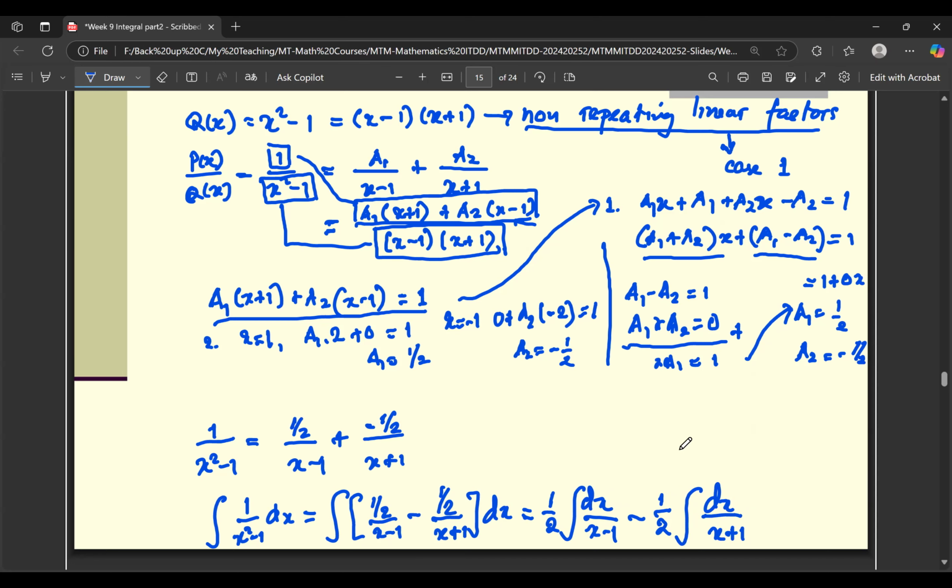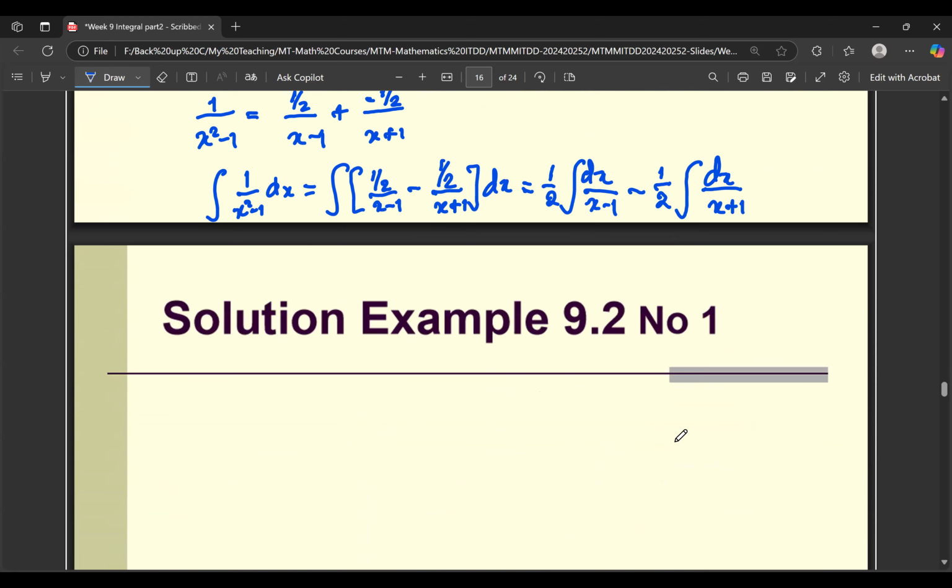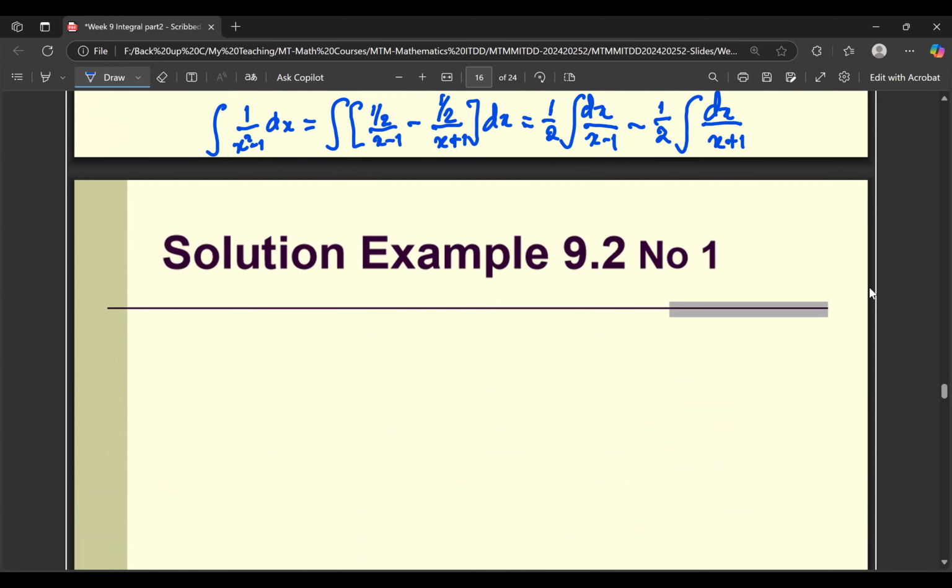So we can continue the integral. The first integral will be the natural logarithm of x minus 1, minus 1 over 2 natural logarithm of x plus 1.